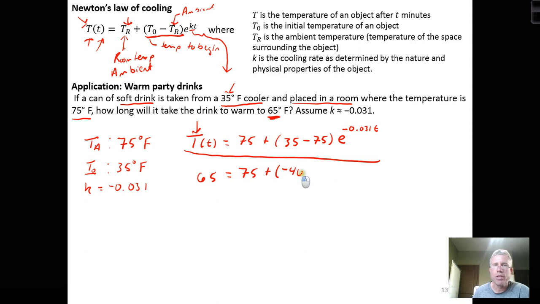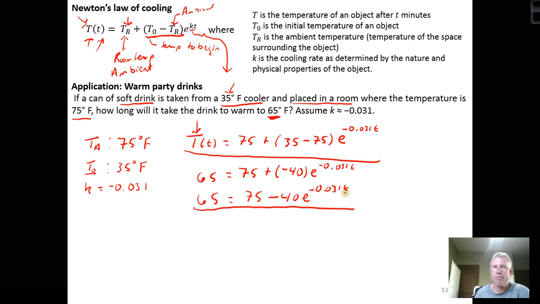Negative 40 times e to the negative 0.031 t, and the plus and minus, we can actually clean that up just a little bit. That's going to just be a minus 40 e to the negative 0.031 times time. So here's our model, and just like before, we don't currently know how to solve this.